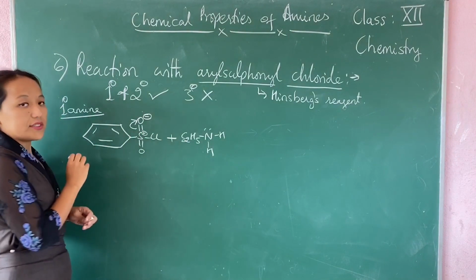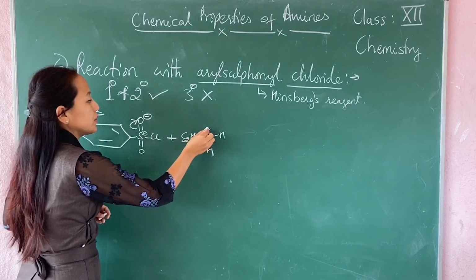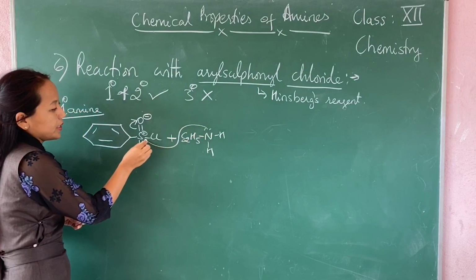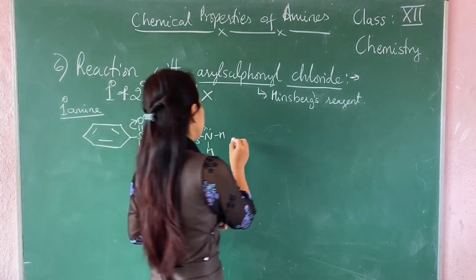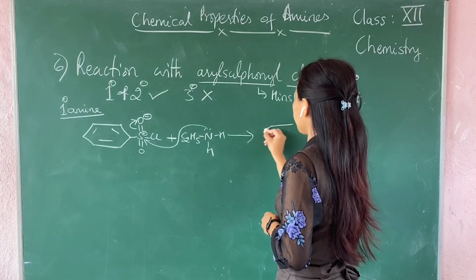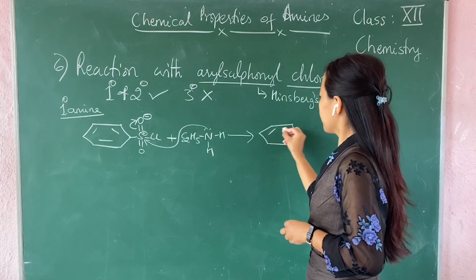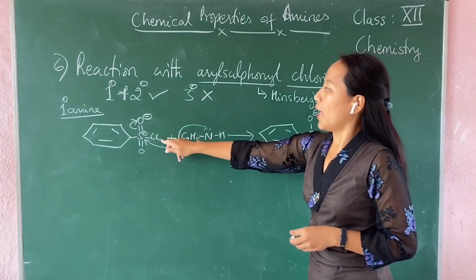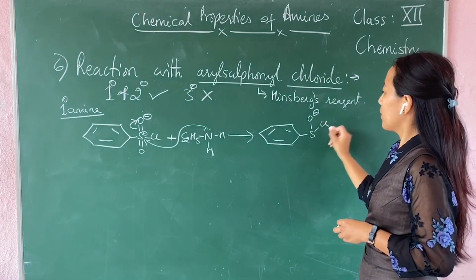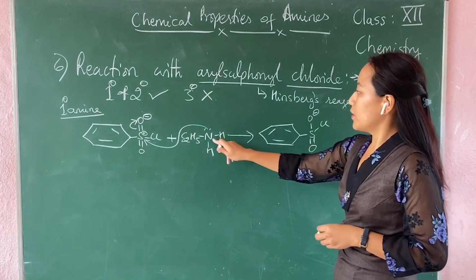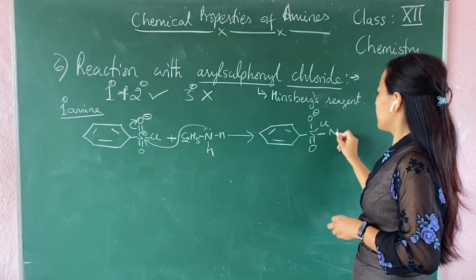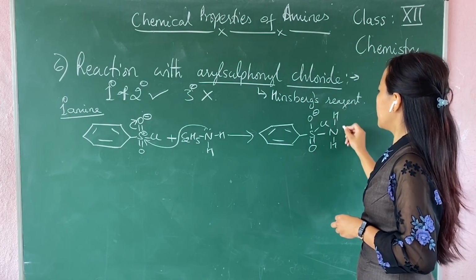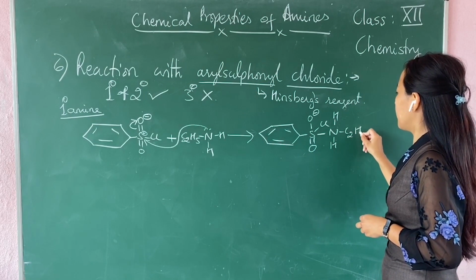Now on this positive charge sulfur atom, nitrogen with a lone pair of electrons will come and attack, and you will get SO with a negative charge, and this chlorine atom, double bond O, this nitrogen atom, H, and C2H5.